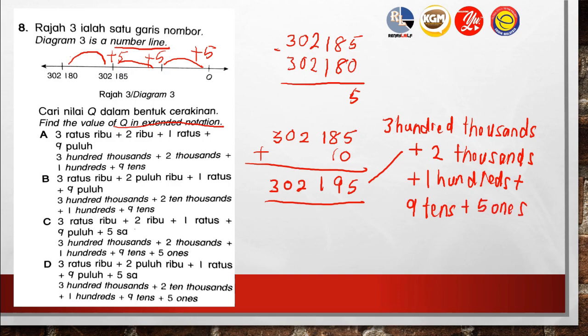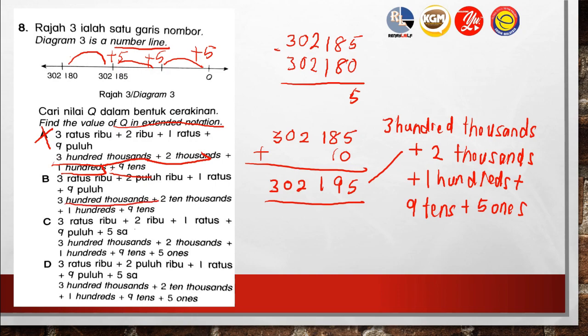So from here, let's look at A. 300,000s is correct, plus 2,000s is still correct, plus 100s and plus 9 tens. But in this option, you don't see 5 ones. So this is wrong.